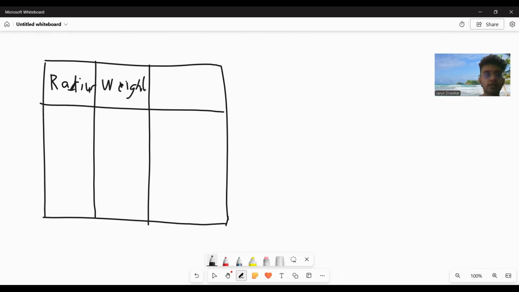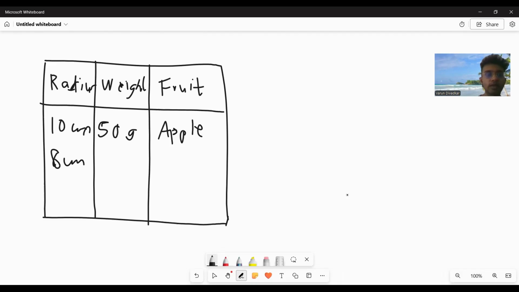Let's say the radius is 10 centimeters and the weight is 50 grams, then the fruit is going to be an apple. I'm just making up numbers, all right? These are not real numbers. But maybe if the radius is 8 centimeters and the weight is 40 grams, the fruit is an orange.